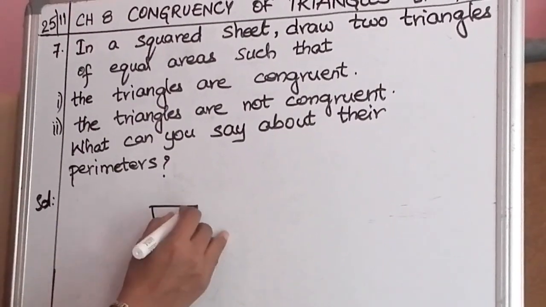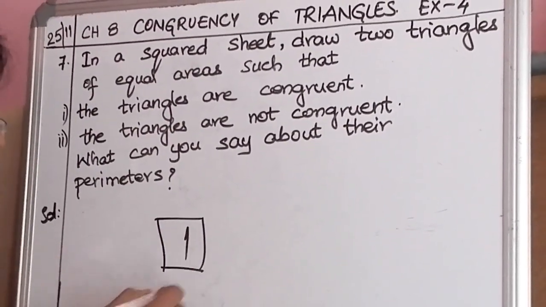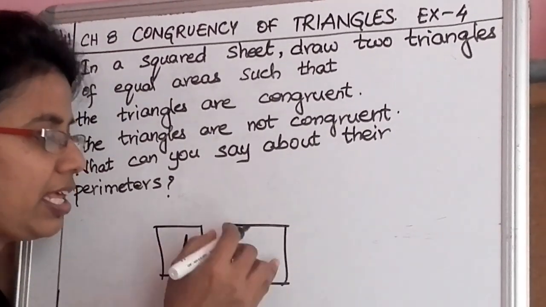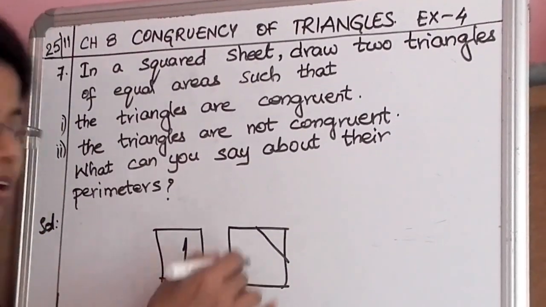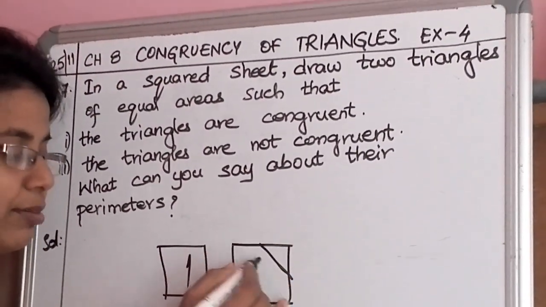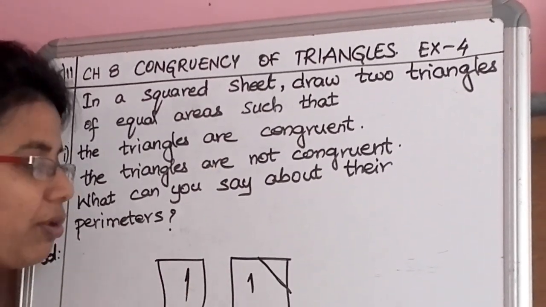In a square, if the complete square is taken into consideration, it is 1. When we draw the triangle, if more than half of the square is shaded, then this is considered as 1.